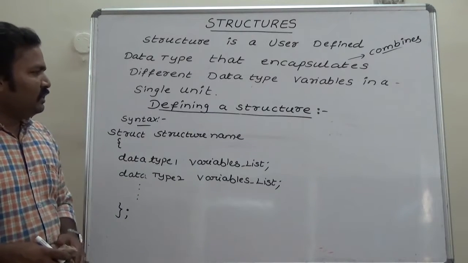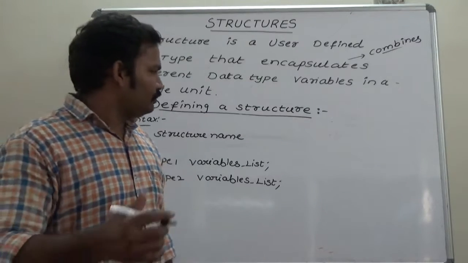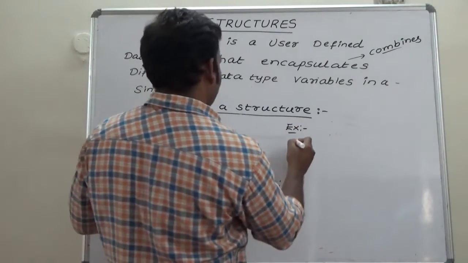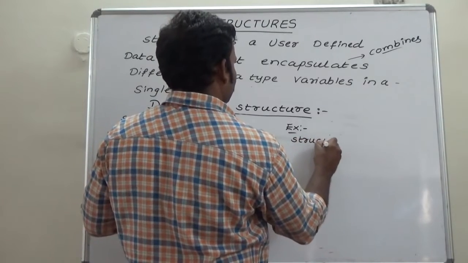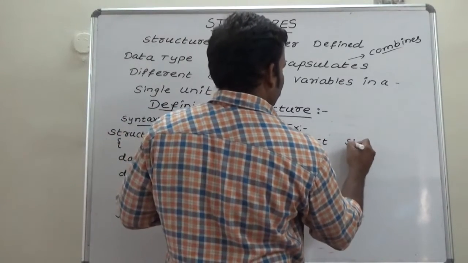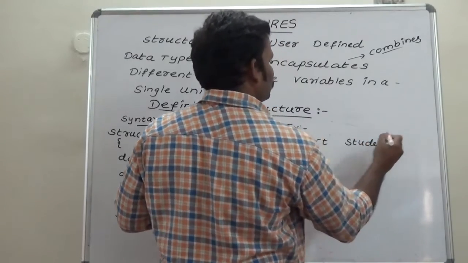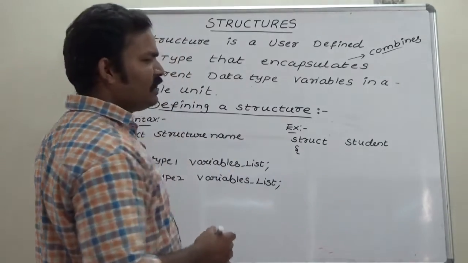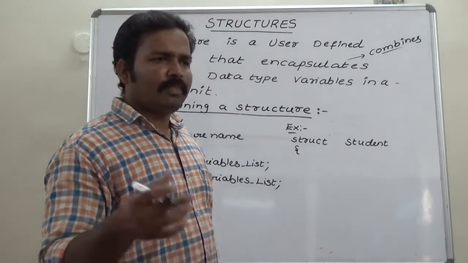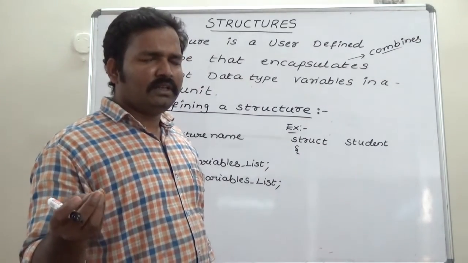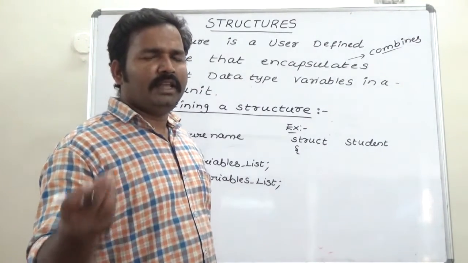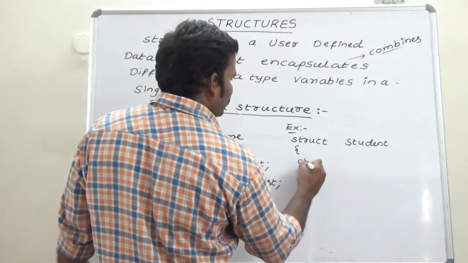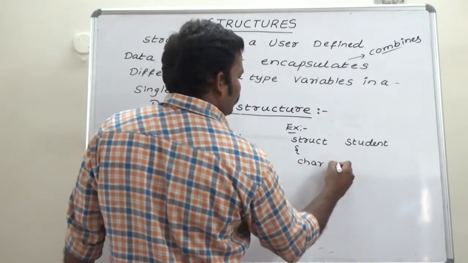Next, an example. Here I want to define a structure whose name is student. I want to process student data, so after the opening brace, student data may include details about roll number, name, marks.